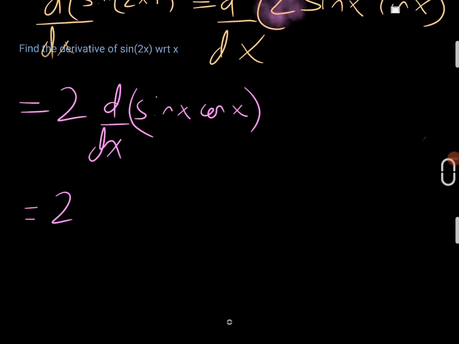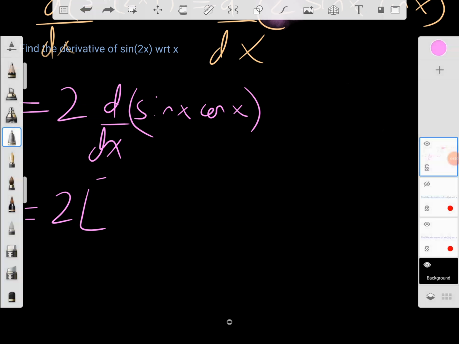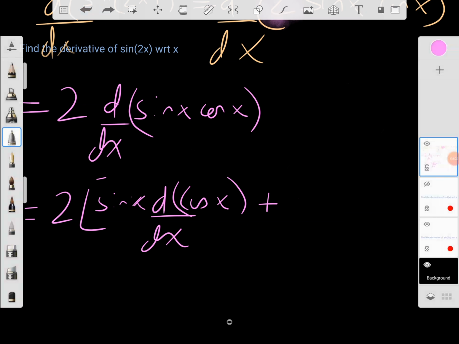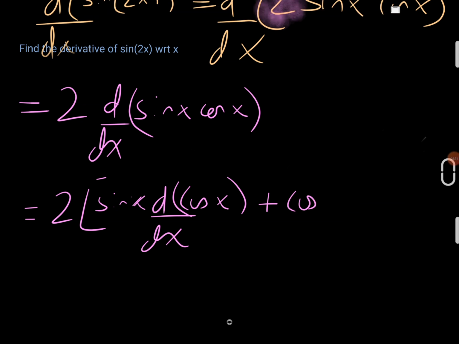Using the left d right plus right d left rule, the left function is sin x into d by dx of cos x, plus the right function, cos x into d by dx of the left function, that is sin x.